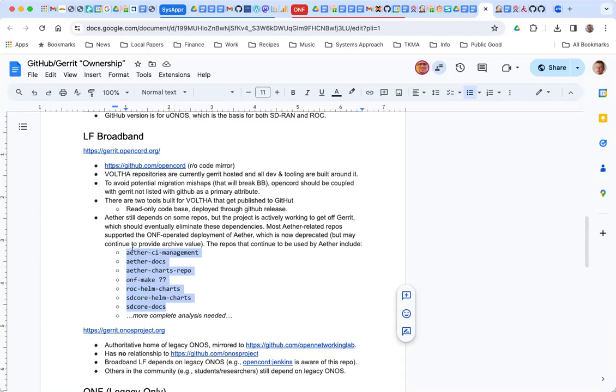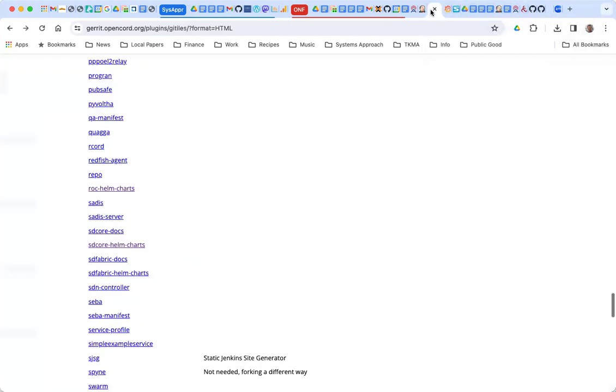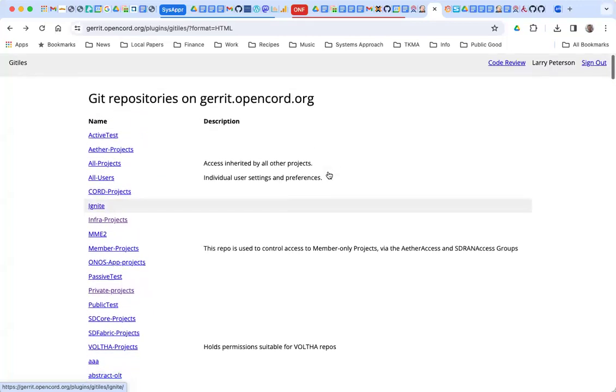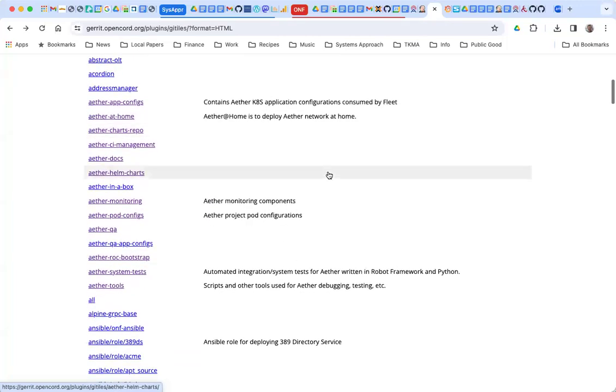But if you have a chance to go through this Gerrit and take a look, there's going to be stuff in here that is Aether related, but we are no longer actively using it because it was part of the older ONF deployment of Aether. So I'm slightly narrowing the focus down to what we use going forward. We will perhaps want to go back and look at the pod configs, but we're not using the pod config anymore.